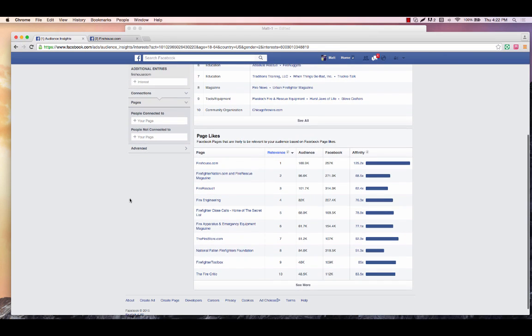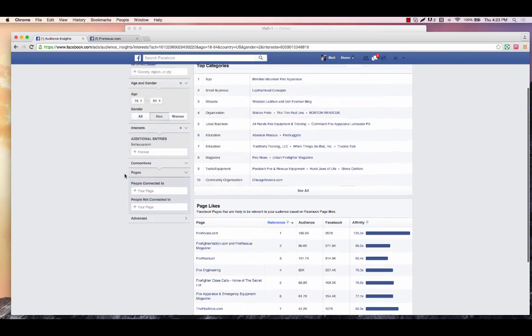Now I have way above 20. Now I have tons of interests. Yes, some of these might have been on the other screen that we just had, but it's not about what is on here. It's about what was removed. We want all the crap and the noise to be removed, and we want what's left to be the core interests for us to go after.